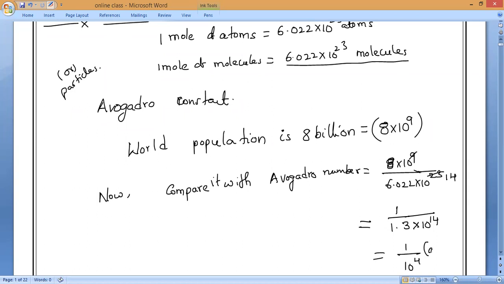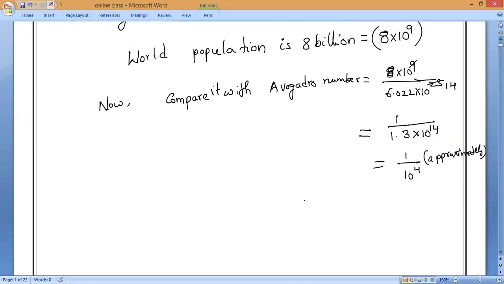It is approximately what our world population is when compared with the Avogadro number. Have you noticed how small it is when we compare our Earth's population with the Avogadro number? It is extremely small. Is it yes or no? So the Avogadro number is such a large value that even our world population is a very, very small fraction of it.